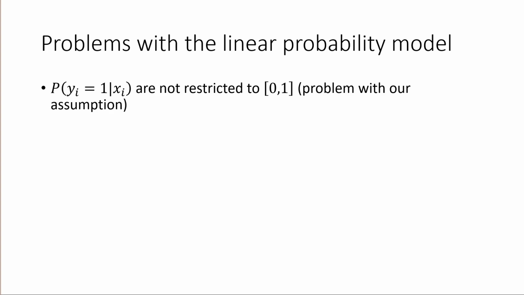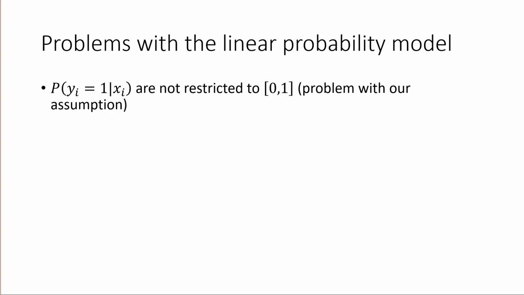So we can always find an x value large enough or small enough such that this probability is outside the 0-1 bound. So this is a major problem because we have actually allowed in our assumption the probabilities to lie outside the 0-1 bound. So in a very specific sense, the linear probability model is somewhat nonsensical because there is no restriction for the probabilities to be bounded by 0-1.